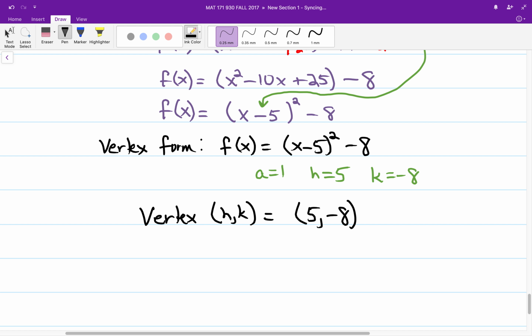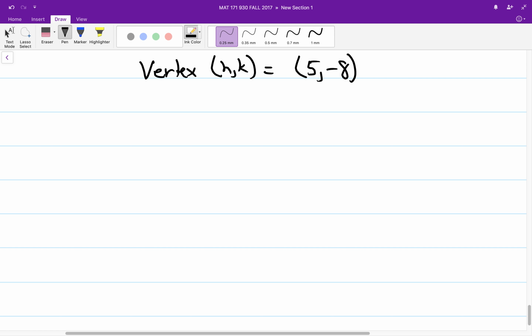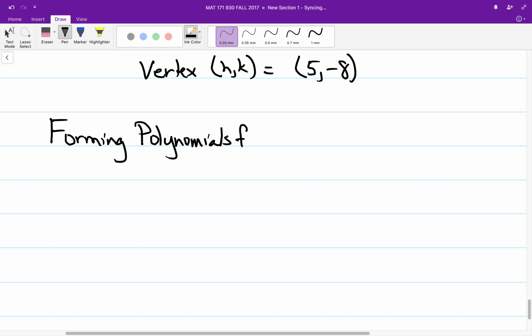Now, just one more portion here, and this would be forming polynomials from given zeros and degrees.